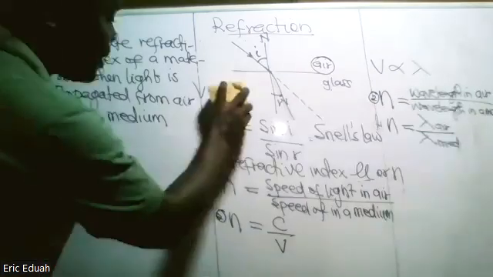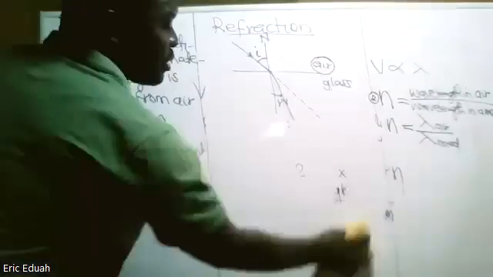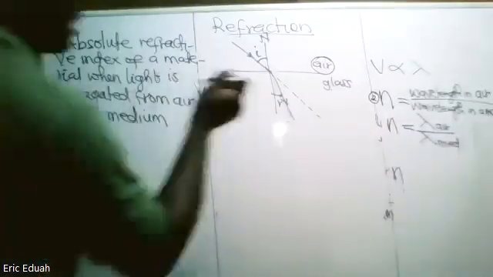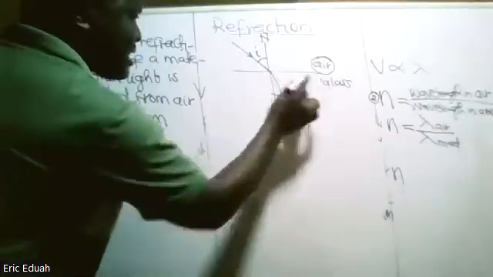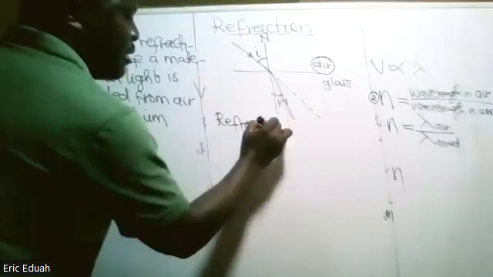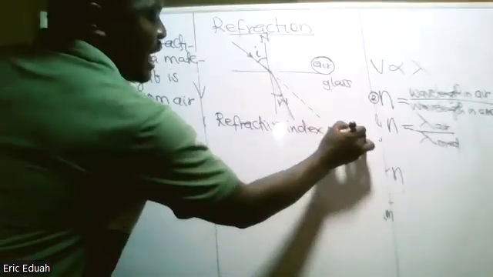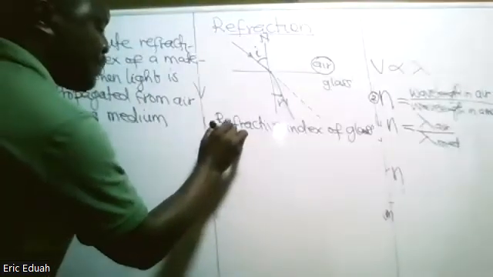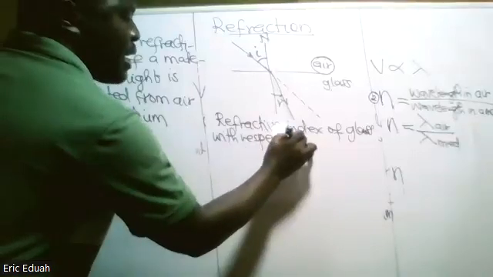All right. So absolute refractive index is represented as follows. The light is from air to glass. So this is the refractive index of glass with respect to air.